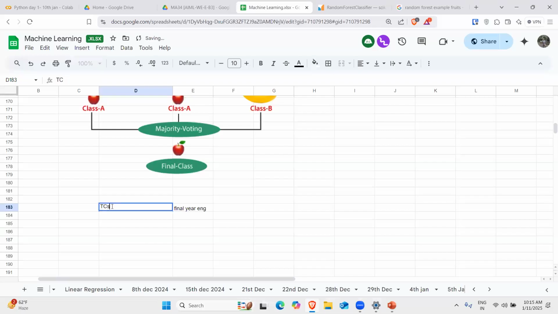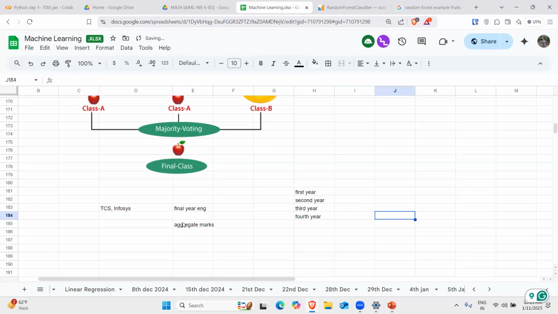Let's say TCS, Infosys, they used to come to your campus and hire candidates who are in their final year of engineering. So what they used to ask for is aggregate marks. Do you remember this? Aggregate marks or aggregate percentage. So what is that? Aggregate of first year, second year, third year, and last year. Till now, let's say you are only in your eighth semester.